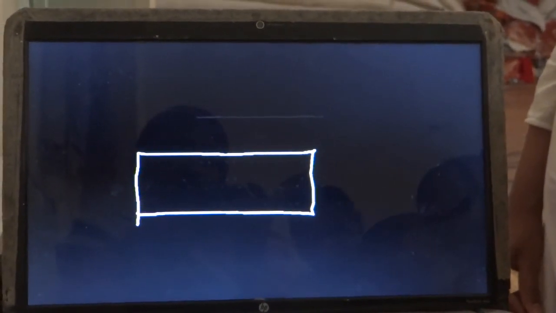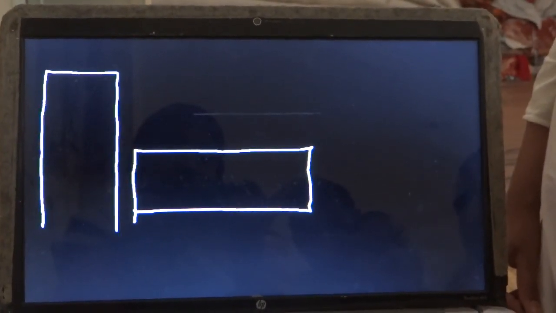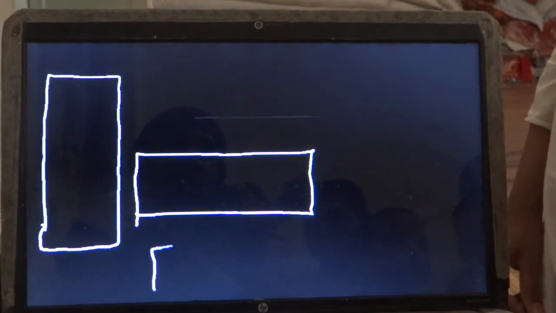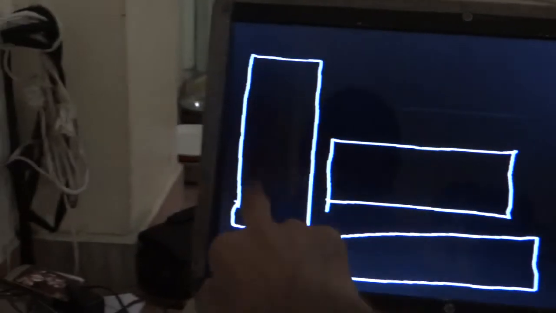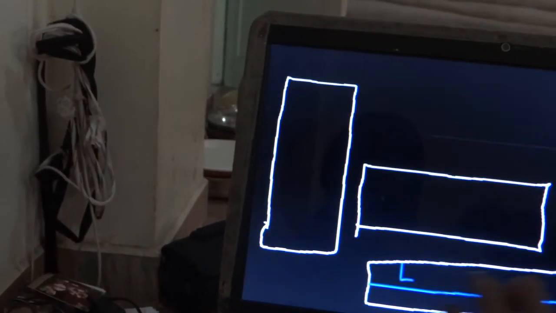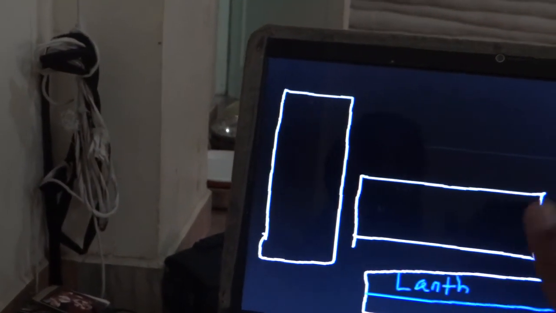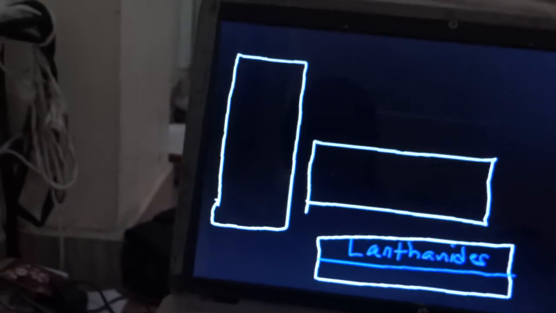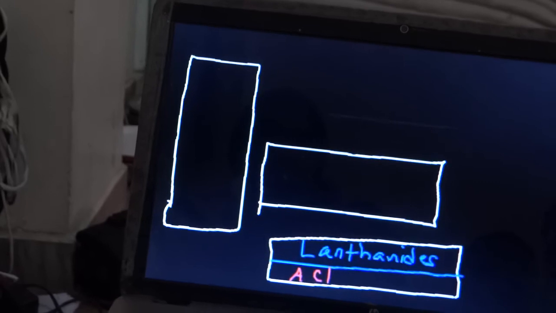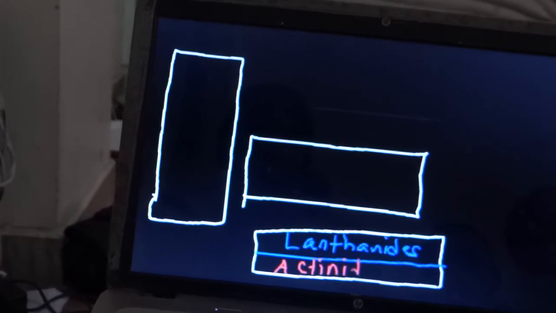So let's say this is the transition metal area. Over here you have group 1 and group 2, 1A and 2A. And then in this region you have the inner transition metals. The top part is known as the lanthanides, and below that is the actinides.